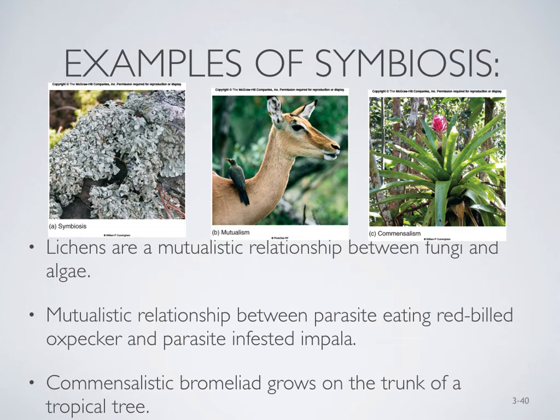For example, lichens consist of a fungus which gives structure and an alga or cyanobacterium which photosynthesizes. Mutualism is a symbiotic relationship that benefits both species, such as a red-billed oxpecker, which eats parasites, and a parasite-infested impala, shown in photo B. Commensalism benefits one species but has little evident effect on the other, as with a tropical tree and a free-loading bromeliad, shown in photo C.